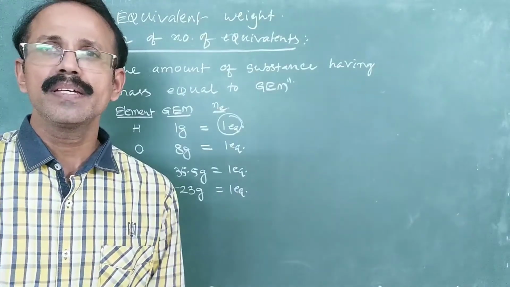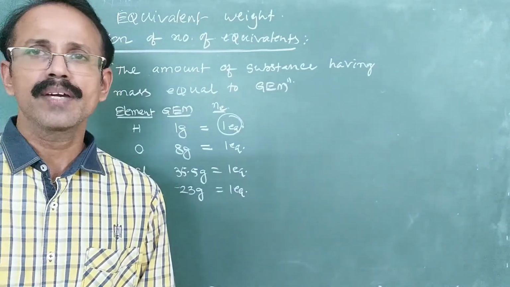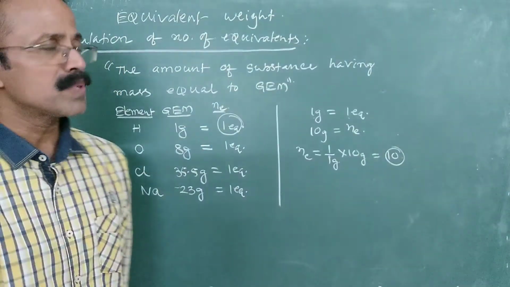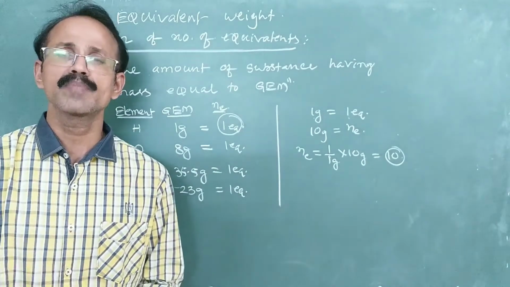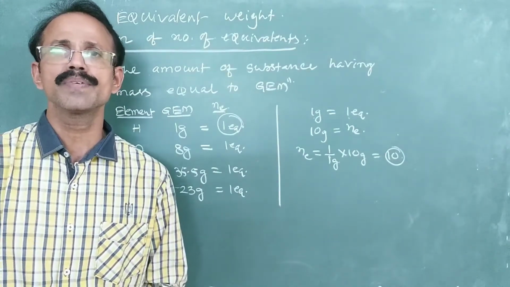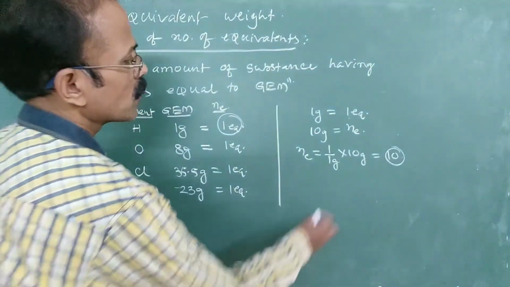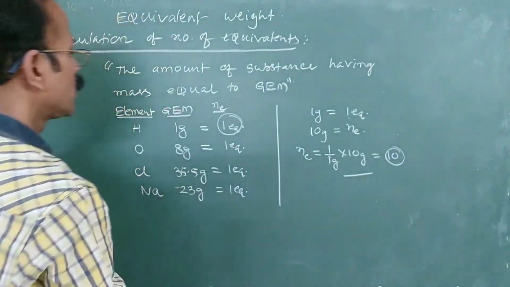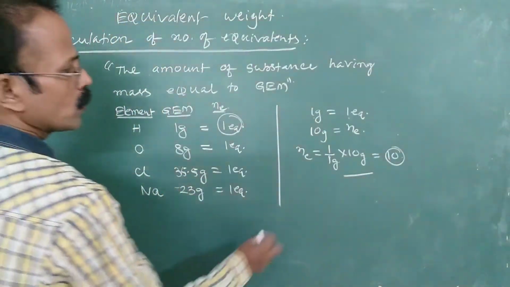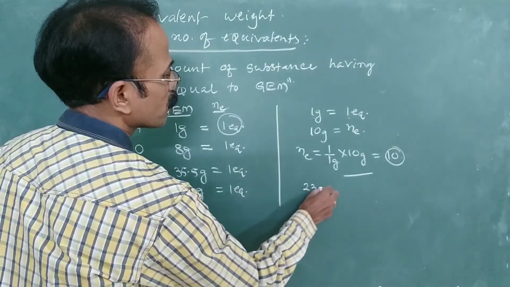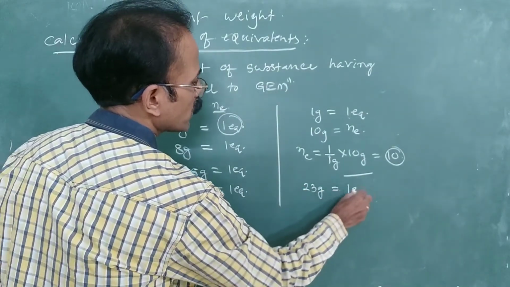Here we'll see the calculation of number of equivalents from the given mass. 1 gram is equal to 1 equivalent, so 10 grams will be equal to 10 equivalents in the case of hydrogen. Similarly, if you take sodium, 23 grams of sodium is equal to 1 equivalent.